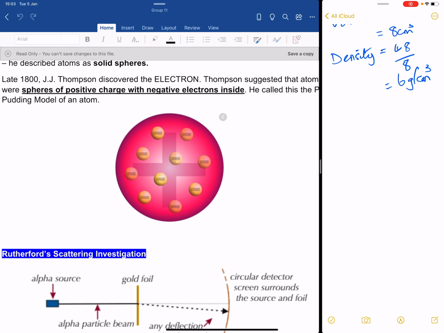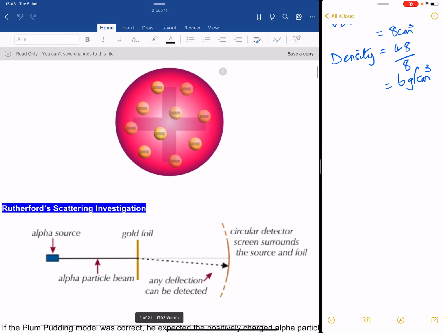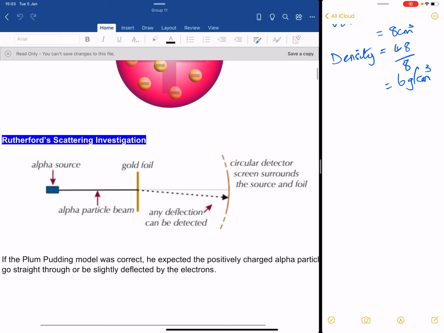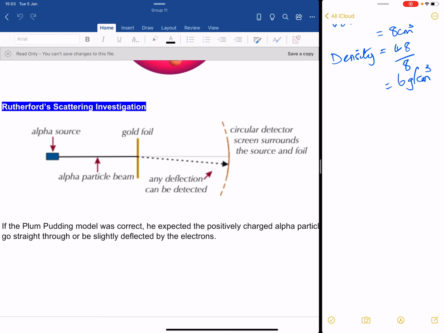Moving on then, in the early 1900s, Rutherford carried out his scattering investigation, where he had a radioactive source that fired alpha particles, a beam of alpha particles, and he fired them at gold foil. And he got results he wasn't expecting.